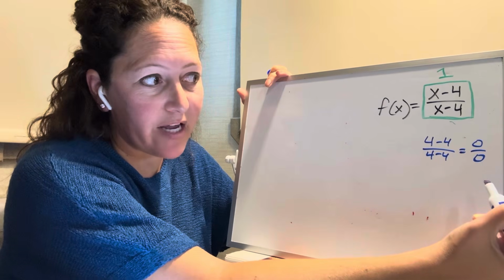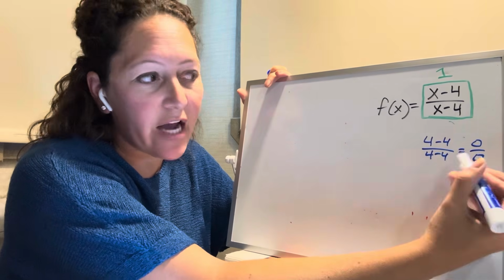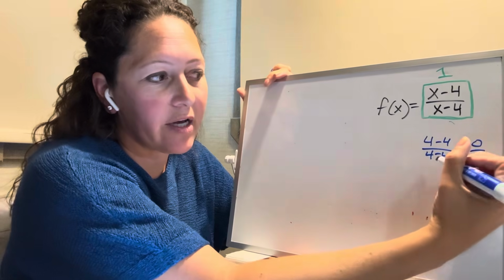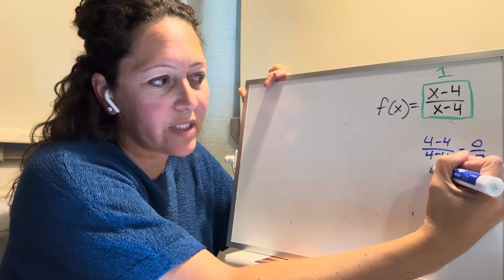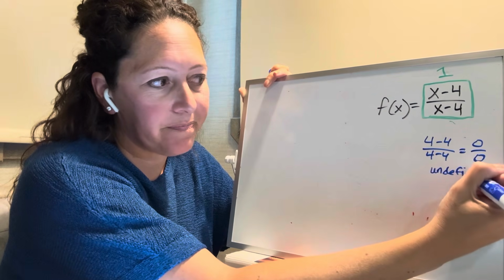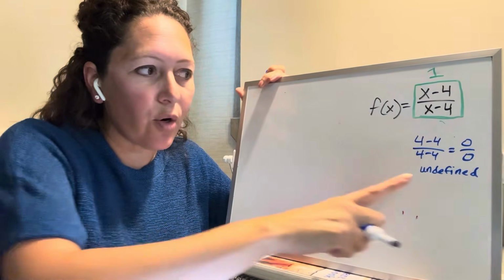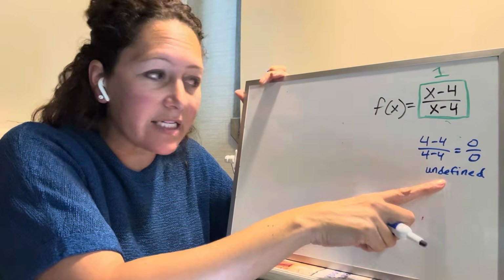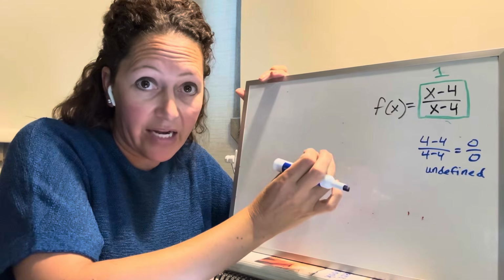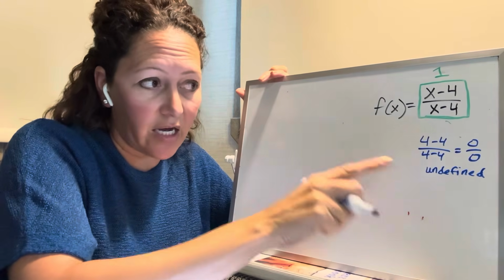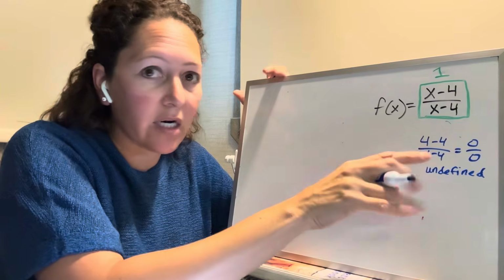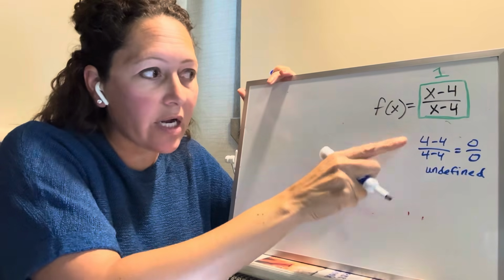We cannot have 0 divided by 0. If you plug that into your calculator, it's going to say error. The other way is that you would say it is undefined. So this is undefined. It's kind of like that gap that we had in the bridge that the people were walking on. So at the point of 4, this equation is not going to work.